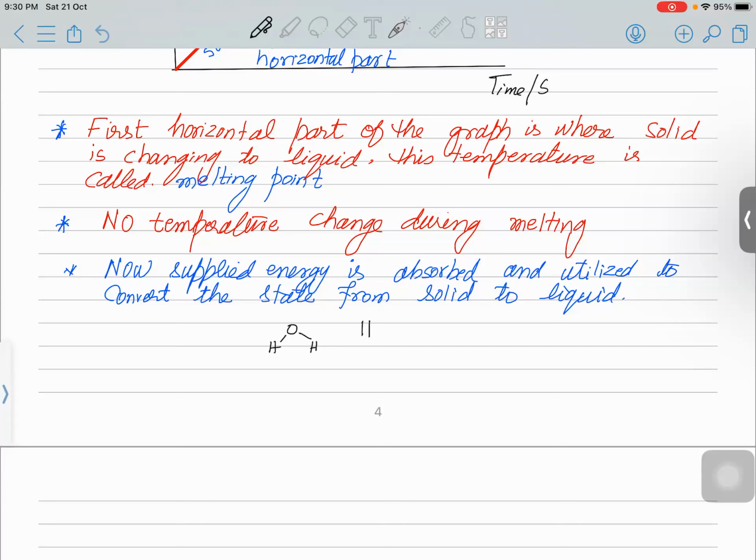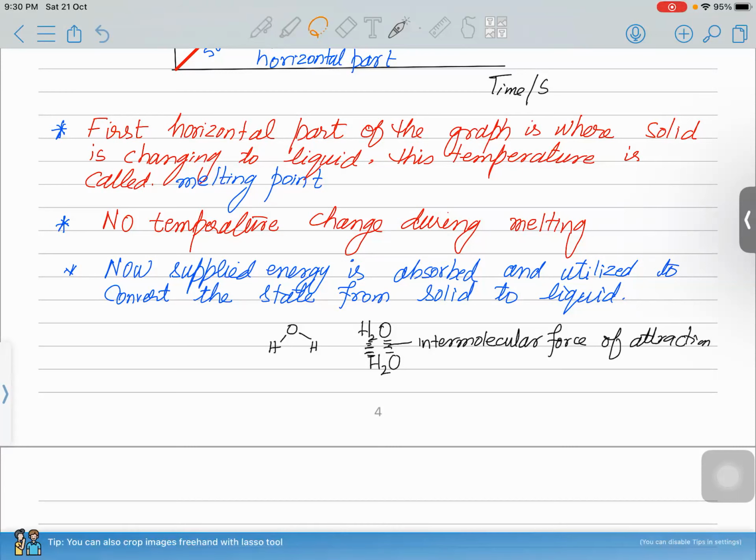Now this H2O attracts another H2O. This line indicates attraction. This attraction is called the intermolecular force of attraction.